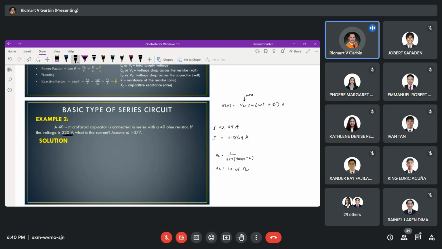Ang magiging current natin is equal to 220 square root of 2 over 40 minus j53.05. So, medyo malaki yung discrepancy niya.